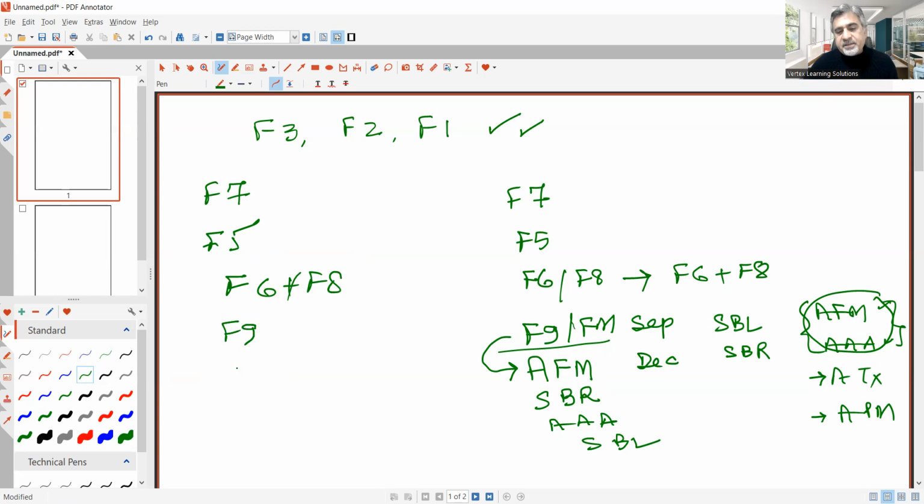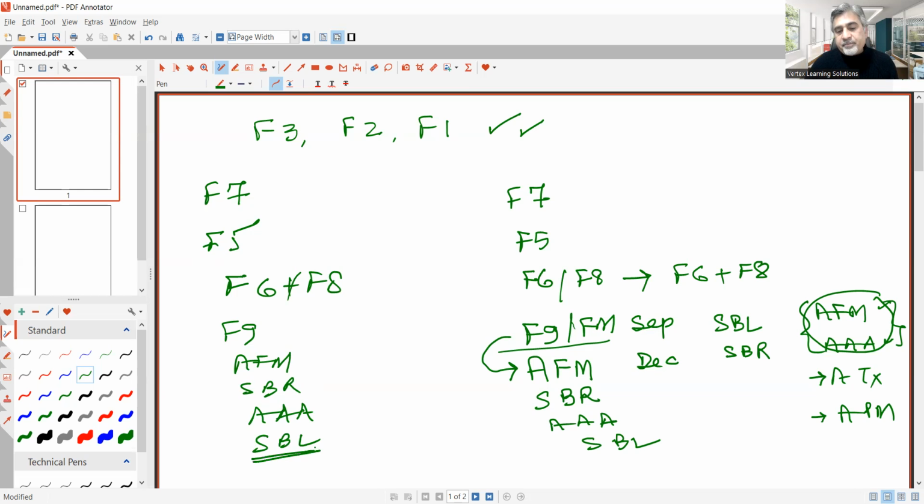Last one is FM, which is called F9. Then you've got AFM, then SBR, and AAA. SBR you should always do before AAA, because Strategic Business Reporting gives you knowledge of financial reporting standards, and the same knowledge you will use in your AAA exam. And the last one is always SBL.